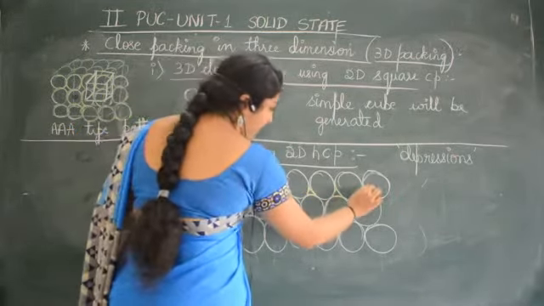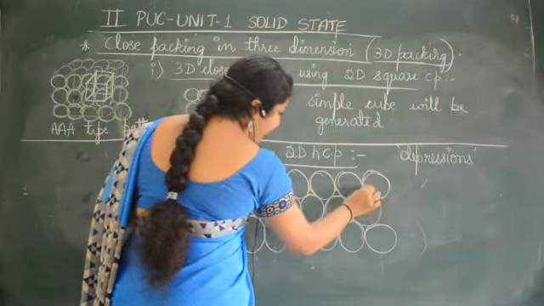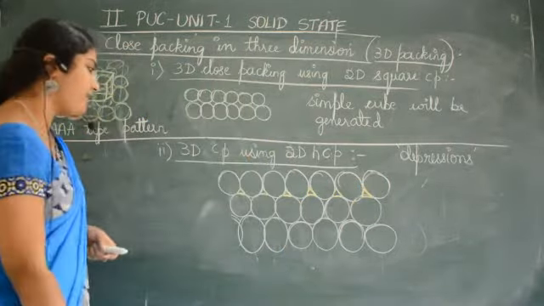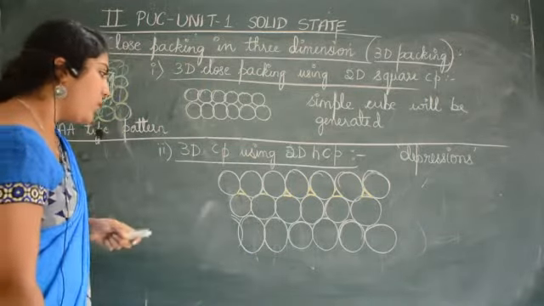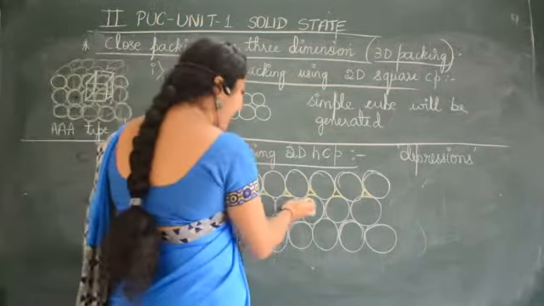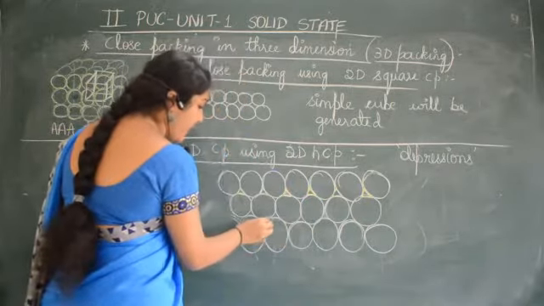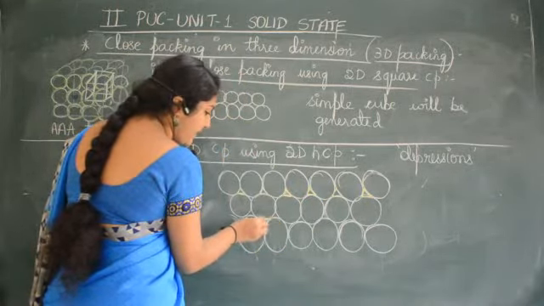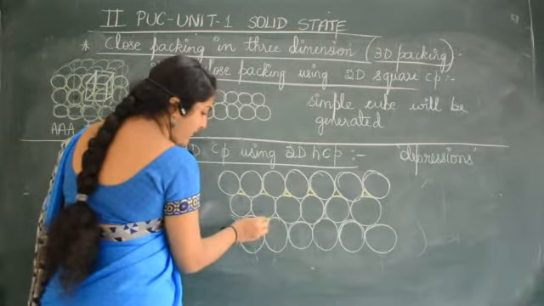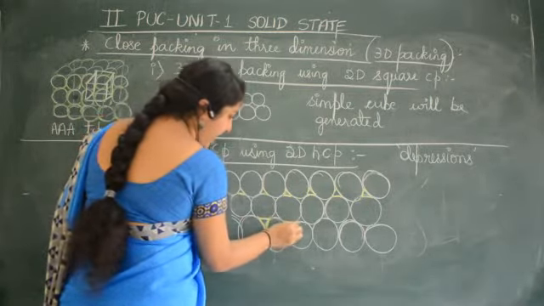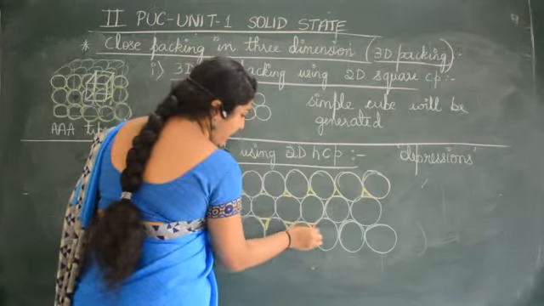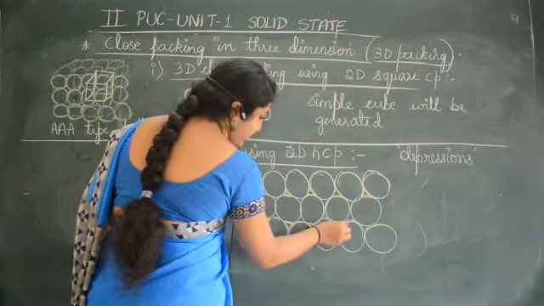Between first and second row, the vacant spaces are like this. Now you see one more here between the second and third layer. If you see, the empty spaces are this way, where the apex is facing downwards.